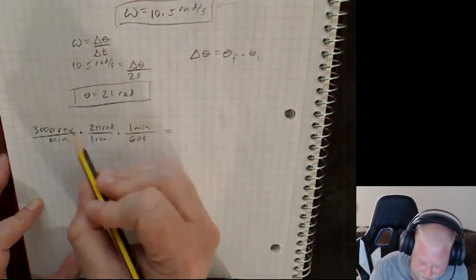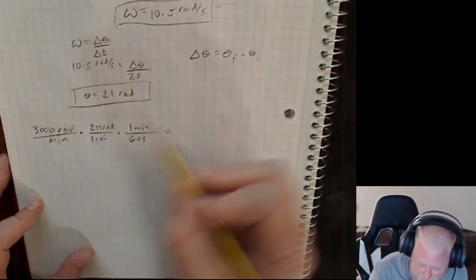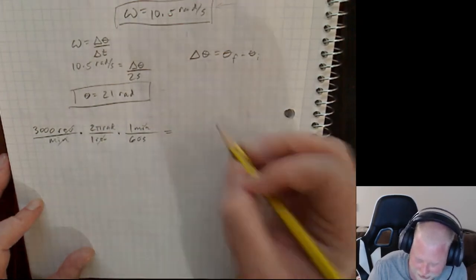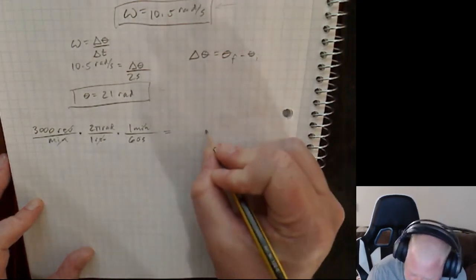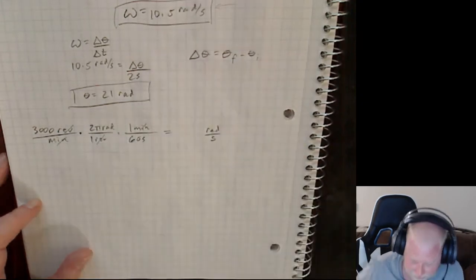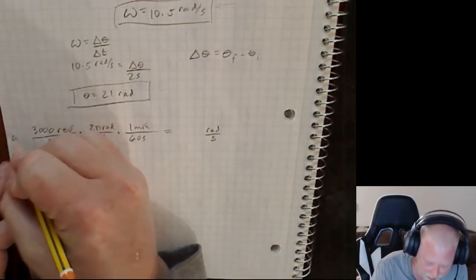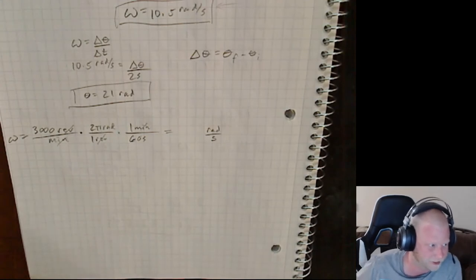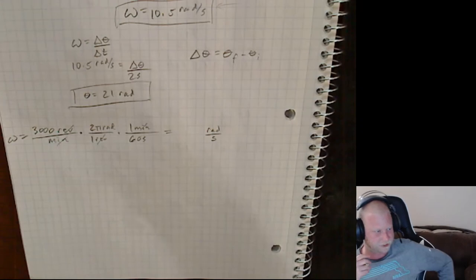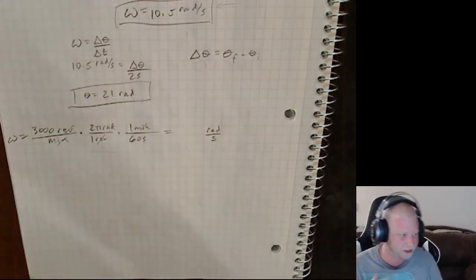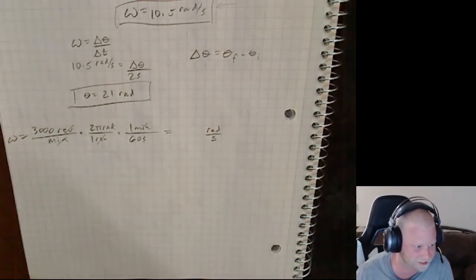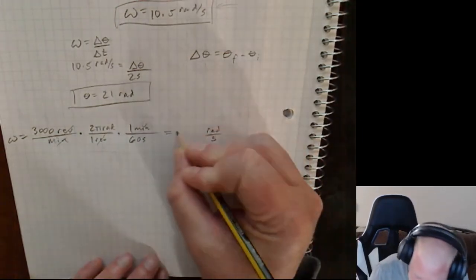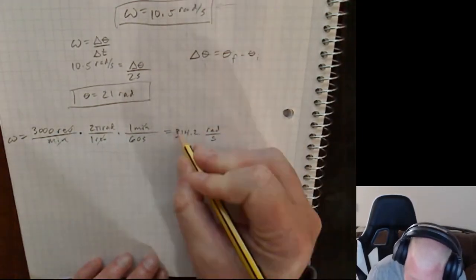Look at your units here. Revolutions cancel, minutes cancel, so whatever you're solving for in this dimensional analysis is measured in radians per second. So what are we actually being given here? We're being given the angular speed. You can get your angular speed from the revolutions per minute just by doing basic dimensional analysis. So 3,000 times 2 pi divided by 60 gives us 314.2 radians per second.